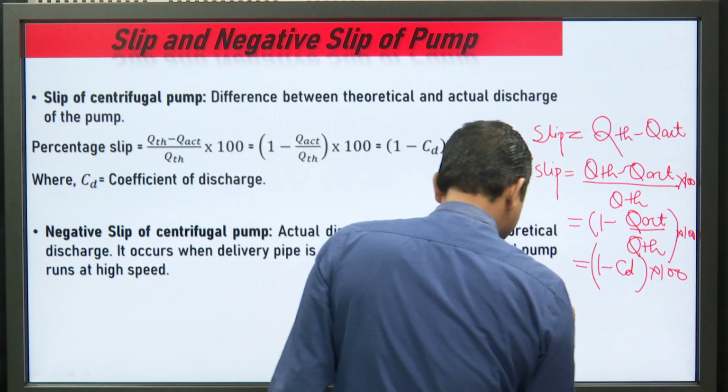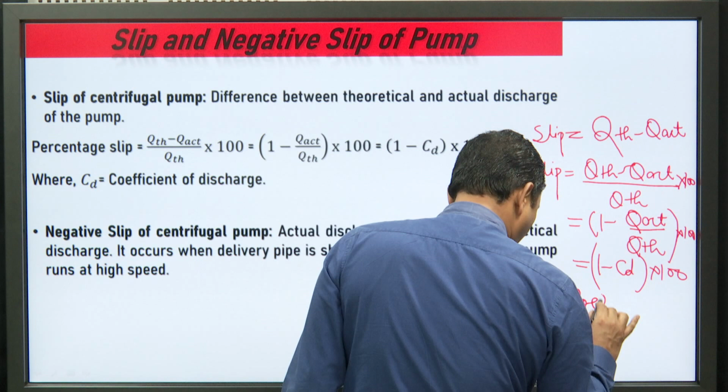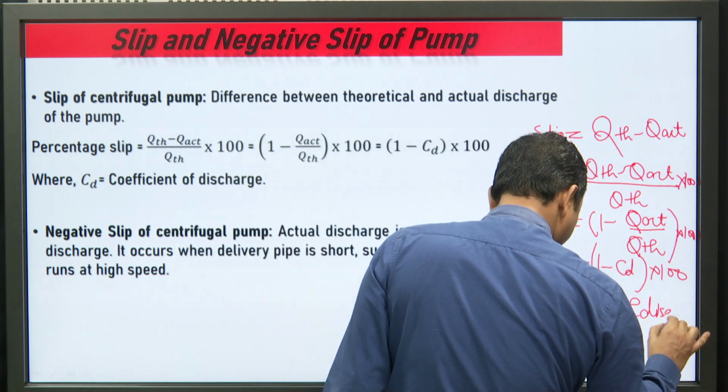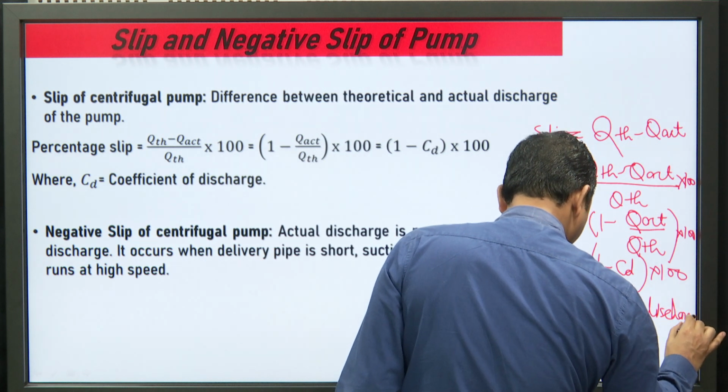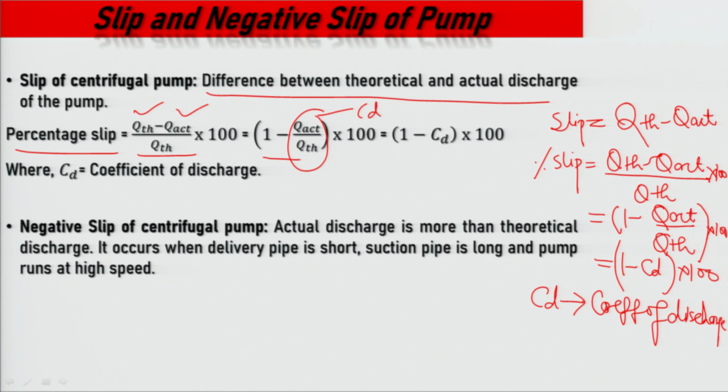What is the CD? Coefficient of discharge. So percentage slip is 1 minus CD into 100.